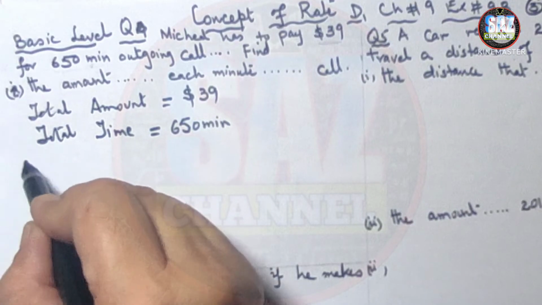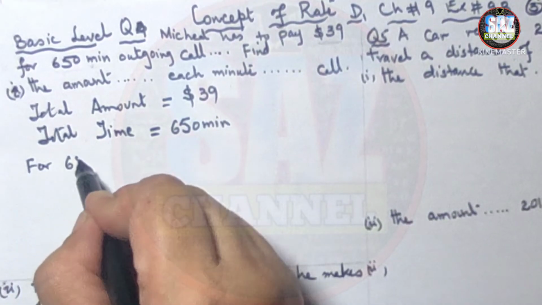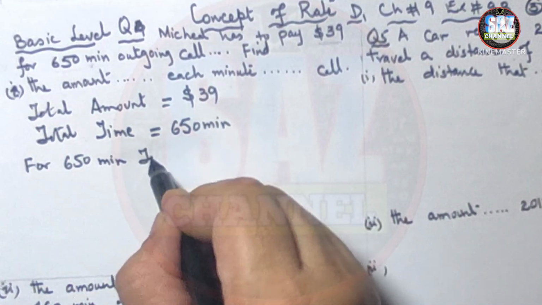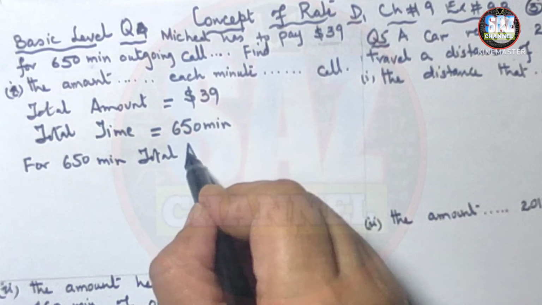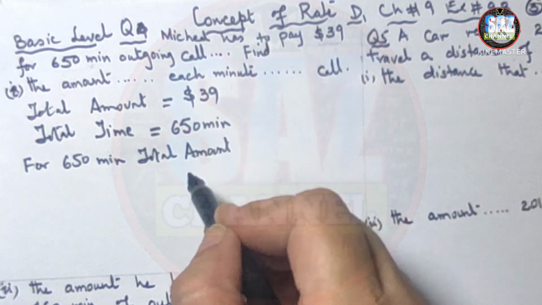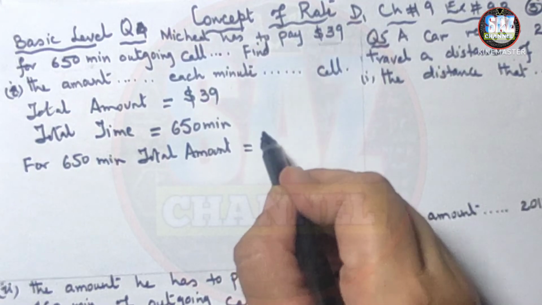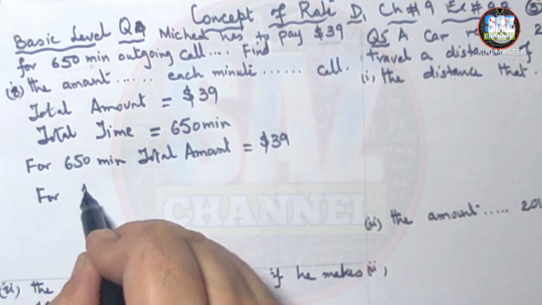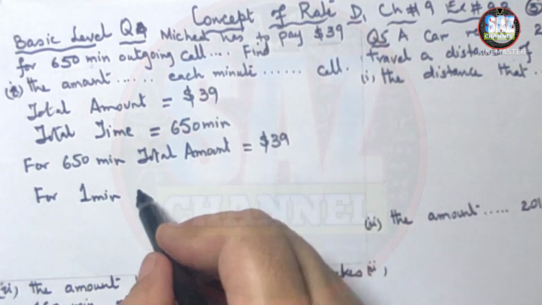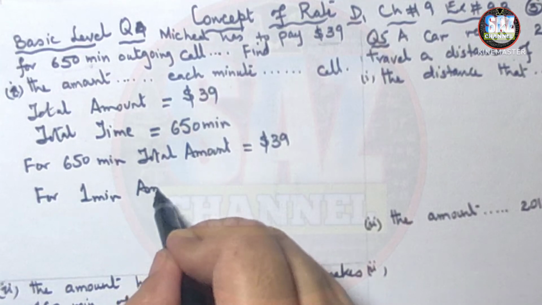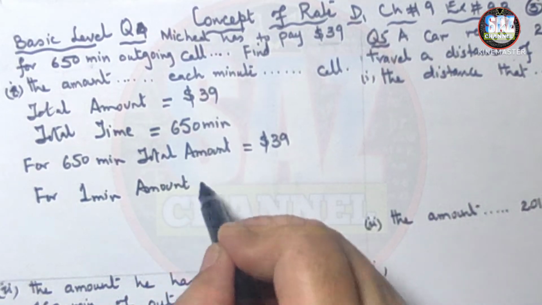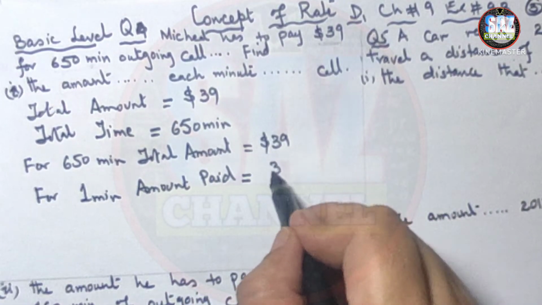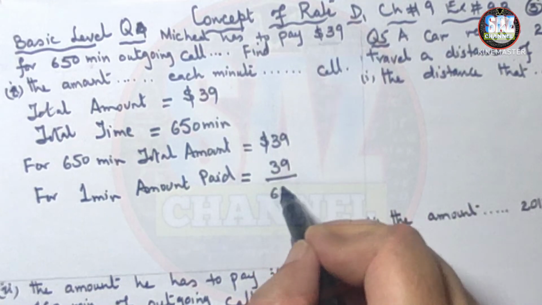So it means that for 650 minutes, the total amount paid is $39. For 1 minute, amount paid equals 39 divided by 650.